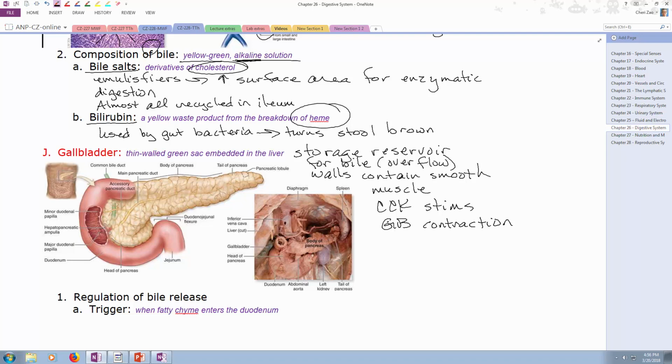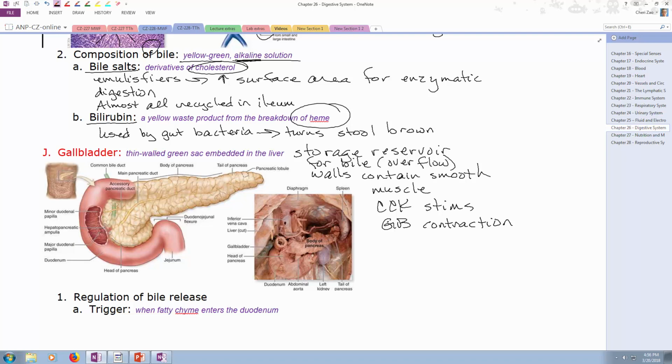But if you cut everything properly, cut the cystic duct, you still have bile that's able to go into the rest of the duct system, into the duodenum properly. Now, what kind of muscle is going to be part of the duct system and the gallbladder itself? Smooth muscle. What's so cool about smooth muscle that we like it for our bladder? You can stretch it.